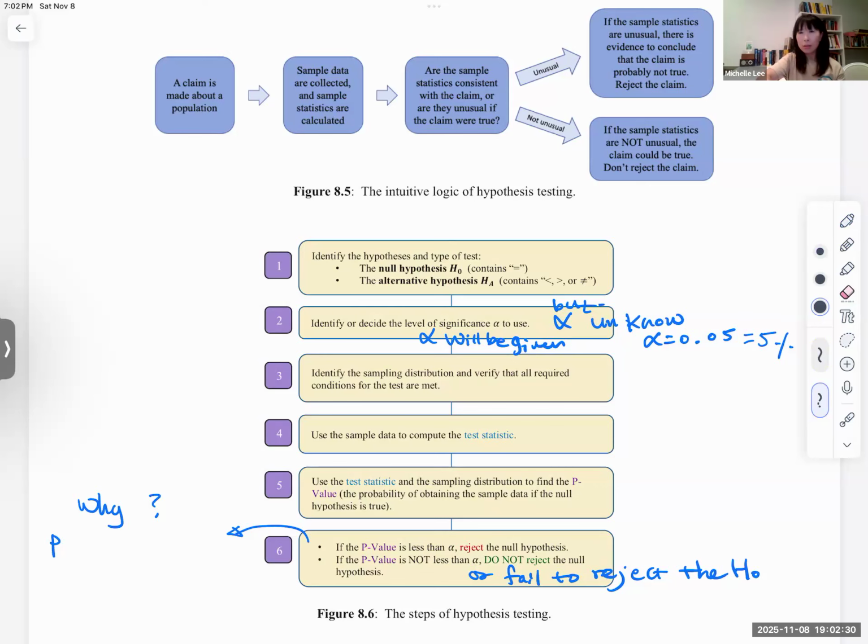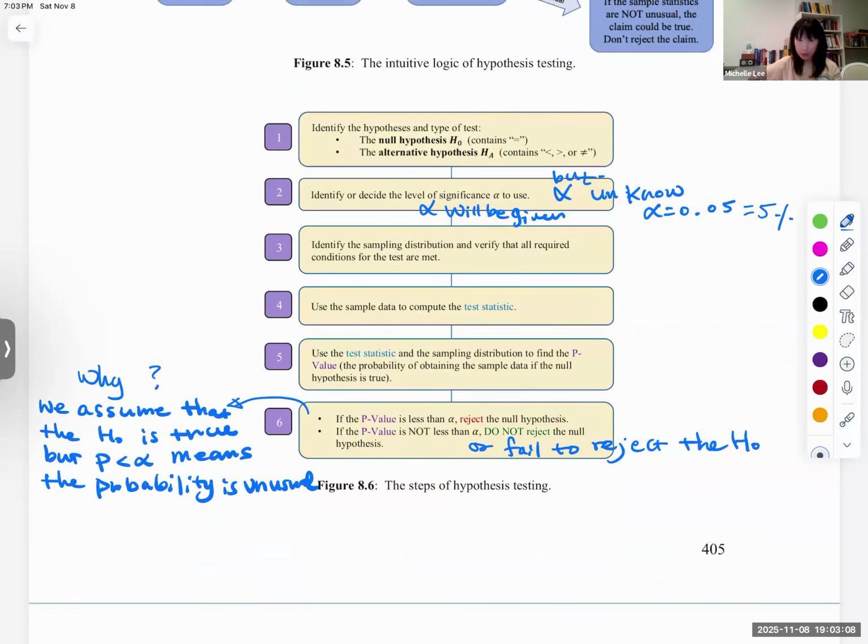Okay, so I just wrote down here. We assume that the null hypothesis test is true, right? We start with that, then we gather the sample proportion or sample mean. In that case, the sample proportion. So this section is about the sample proportions, right?